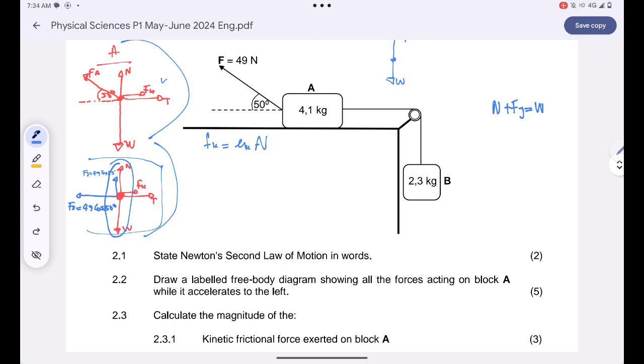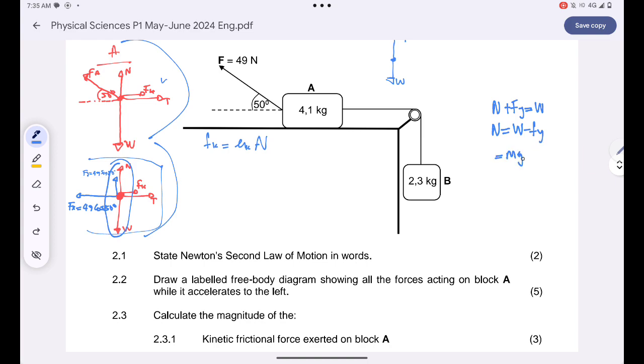Since my body is not accelerating vertically, it simply means that the upwards forces are equal to the downwards force, because according to the vertical movement, my object is in equilibrium. There's zero acceleration, and this simply means that my normal force is equal to weight minus the vertical component Fy.